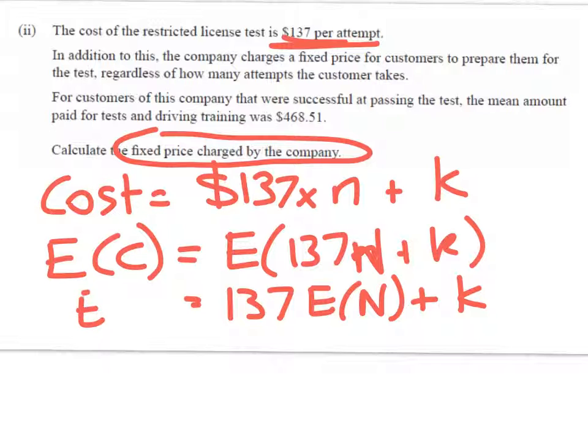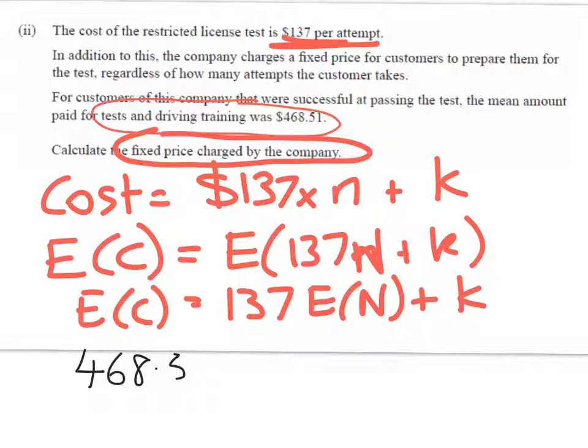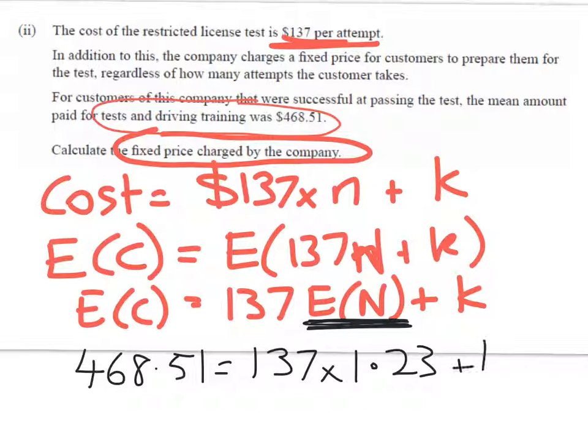So this is the information that we're going to work with, but we get told the mean amount paid for the tests and the training, and that was $468.51. So here's what we've got: 468.51 is equal to 137, and we also know the expected number of goes taken is 1.23, plus k.